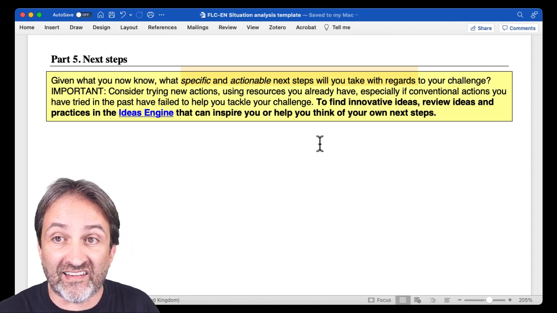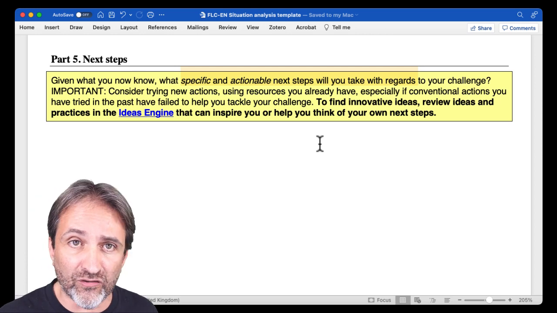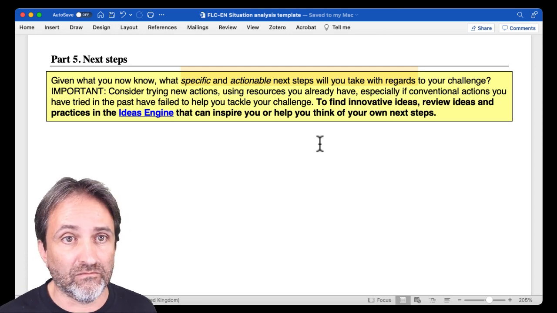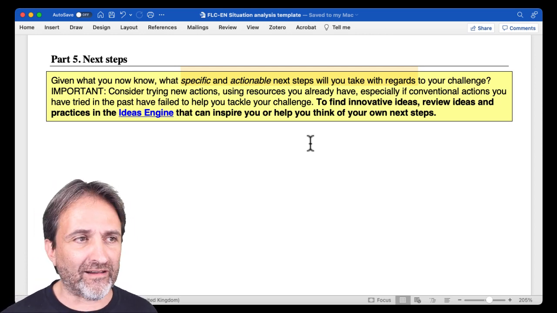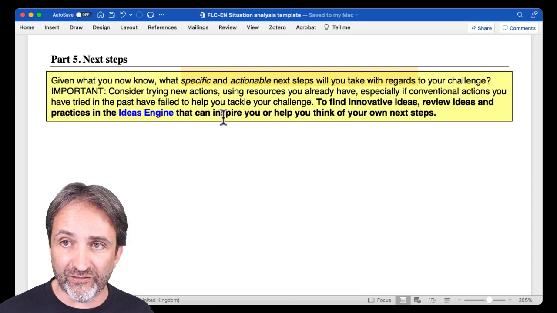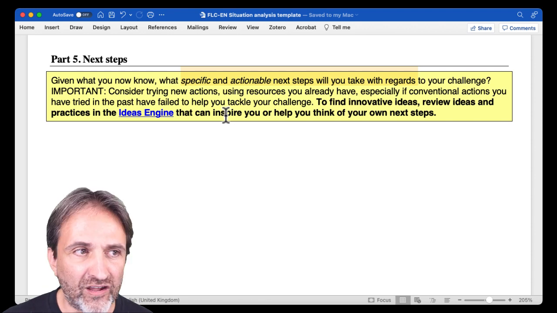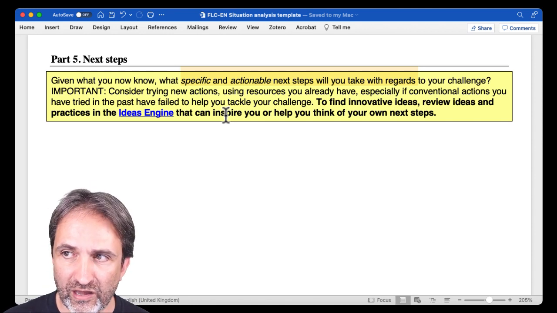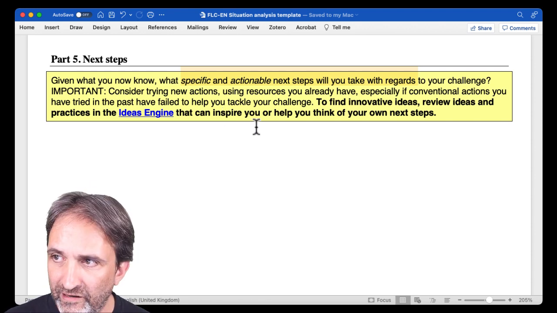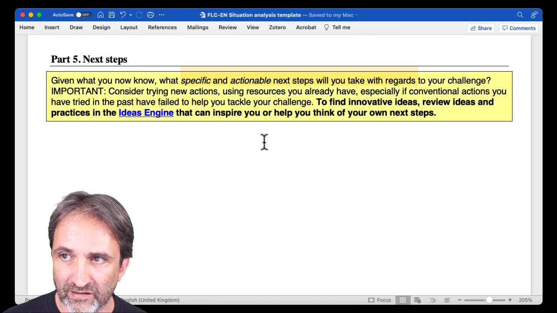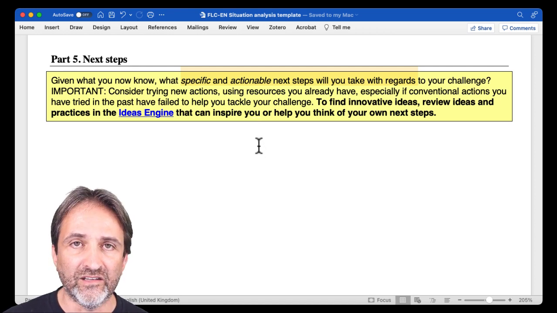So don't put next steps that are the same things you've done in the past that haven't changed anything with respect to your challenge. Of course, if there's something you have done that is successful that you do every time, use that. It's not innovation, doing something new for its own sake. It's really finding innovative ideas and practices that can inspire you.